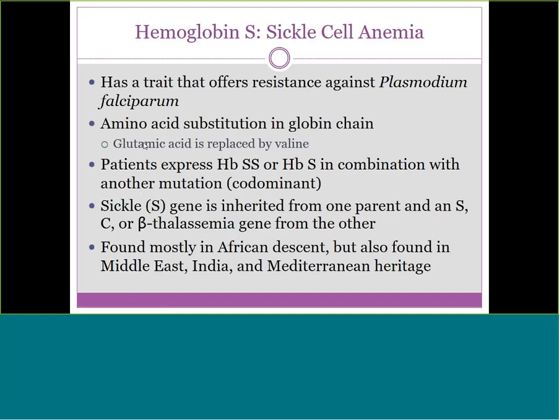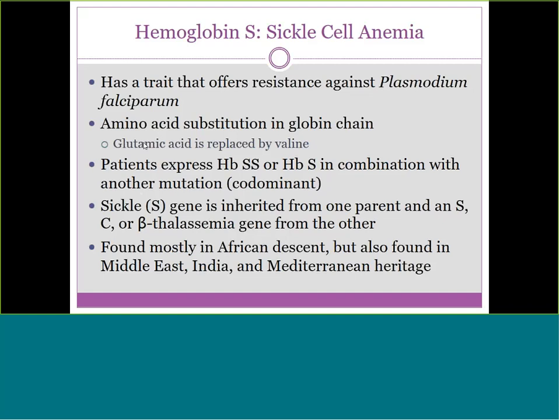The other neat, well, if anything can be neat, it would be this, which is the first bullet point there, that there is actually a natural resistance formed against Plasmodium falciparum, which of course is malaria. We've talked malaria last quarter. So hemoglobin S has this natural kind of resistance against that Plasmodium falciparum parasite.